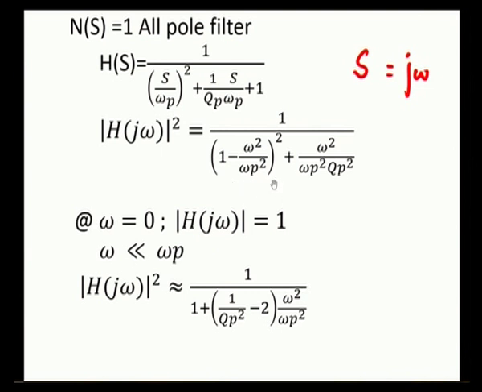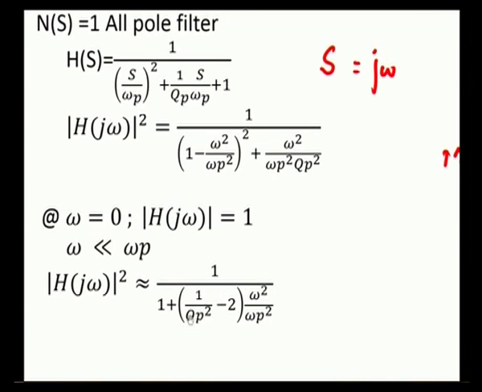If we retain the first order term alone in this binomial expansion, you get 1 minus 2ω squared by ωp squared, plus the other term here. Using this approximation, what you get is 1 divided by 1 plus [1 by Qp squared minus 2] multiplied by ω squared by ωp squared. We are using only the first order term in the binomial expansion, so this is the approximated value of the magnitude in the pass band.